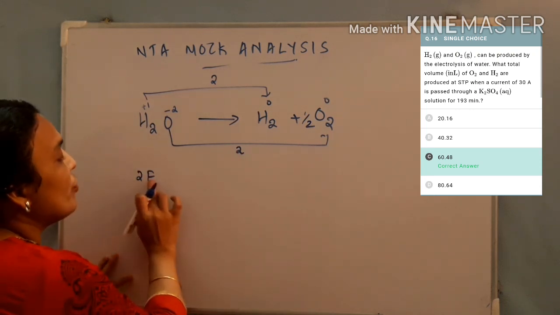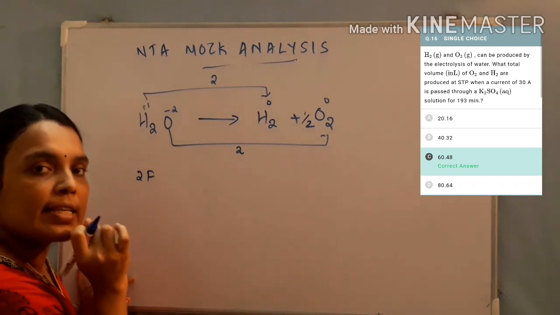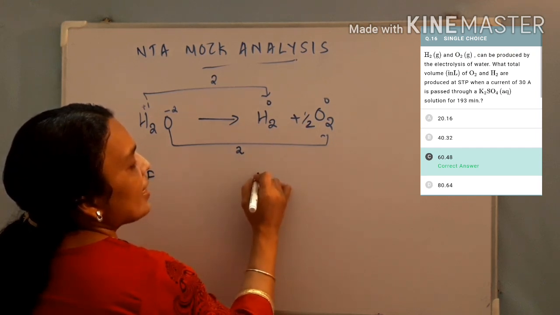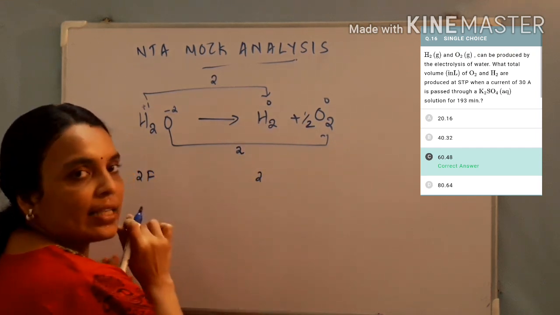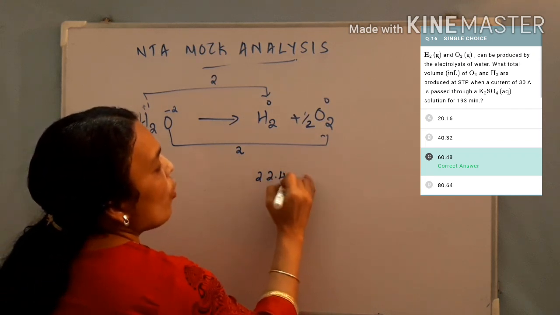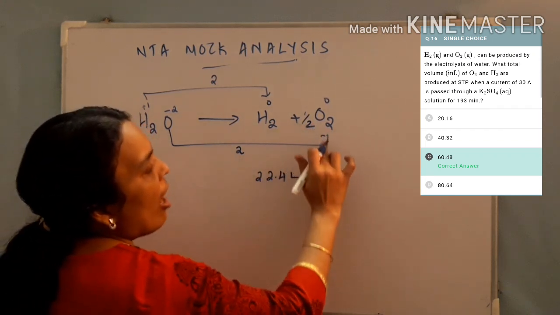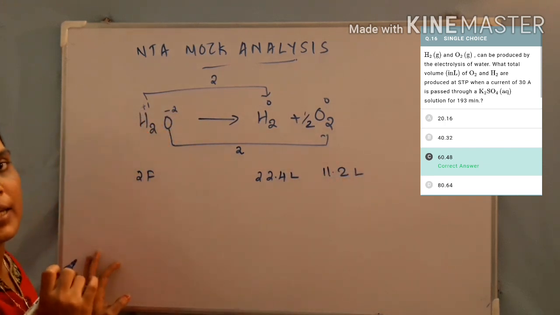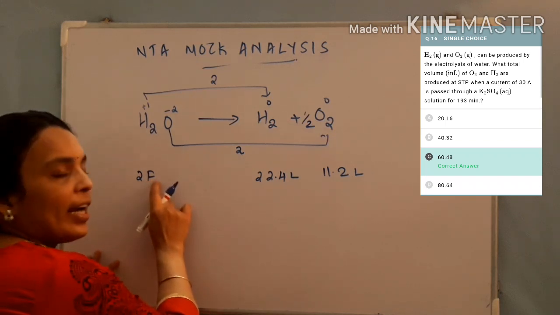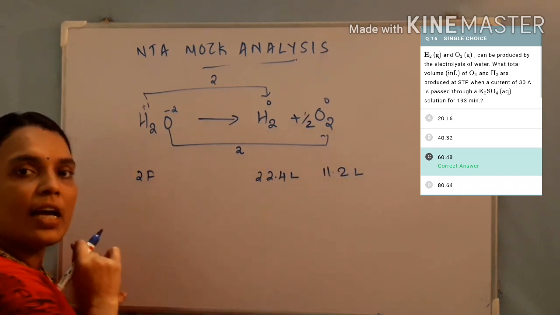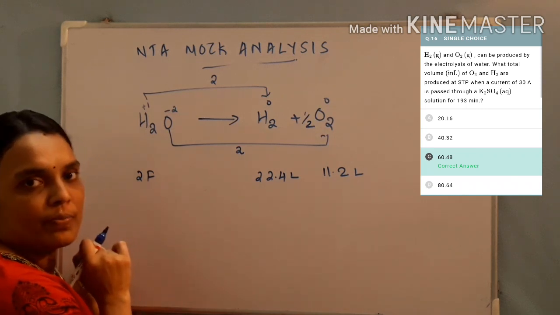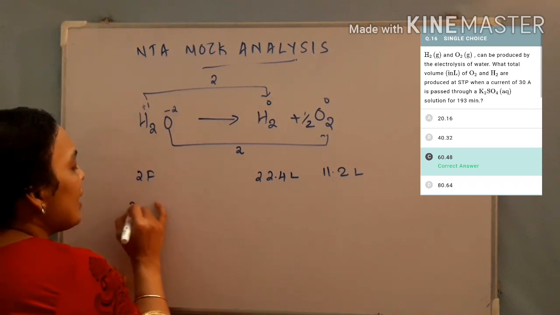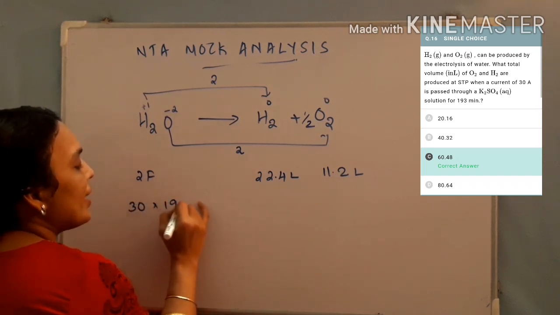By passing 2 Faraday charge, or 2 into 96,500 coulomb, 1 mole of hydrogen gas, that is 22.4 liters, and half mole of oxygen gas, that is 11.2 liters, are liberated at STP. Clear? Here it is given that a 30 ampere current is passed for 193 minutes.